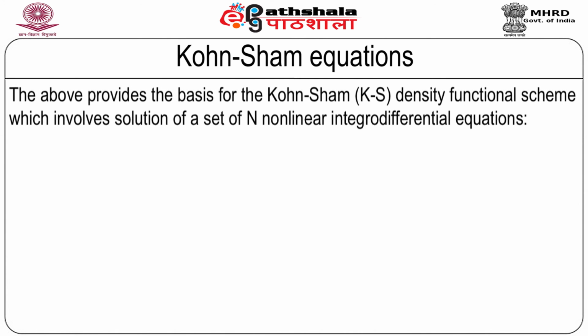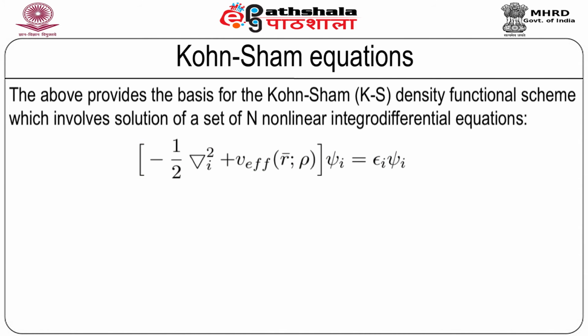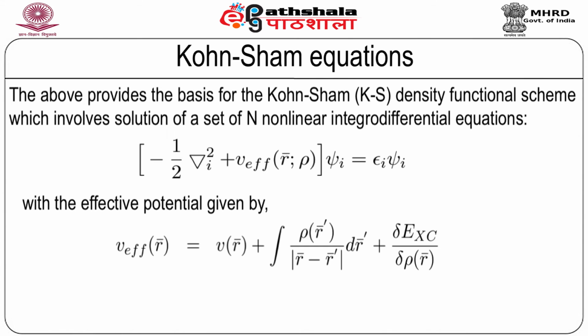The above discussion provides the basis for the Kohn-Sham density functional scheme, which involves solution of a set of n non-linear integro-differential equations, given by minus half del I square plus V effective times psi I equal to epsilon I psi I. Now V effective, the effective potential, is given by the contribution of three terms.